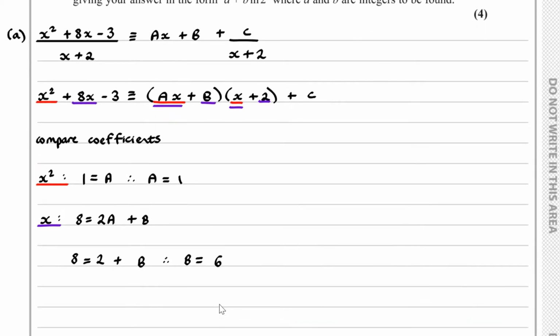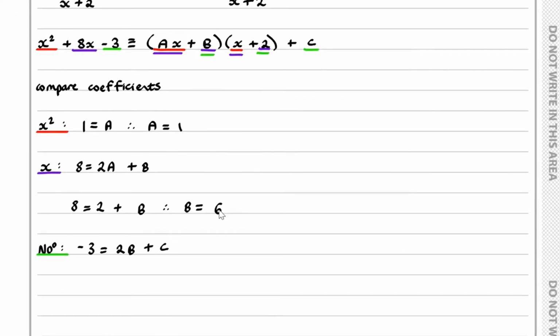We can now compare the number terms. On the left hand side we have minus 3 of them, and on the right hand side we have b times 2, that gives 2b, that's a number term, so we have minus 3 equals 2b, and then we also have the plus c.